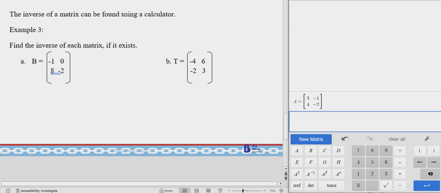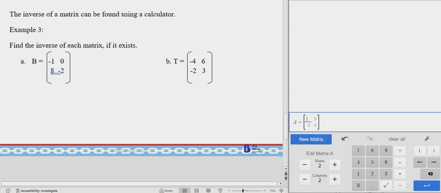So for example 3, we're just using the calculator to find the inverse of your matrix. Again, it has to be a square matrix. And there are circumstances when you will not be able to find the inverse because it doesn't exist. So let's look at our first example: negative 1, 0, 8, negative 2.